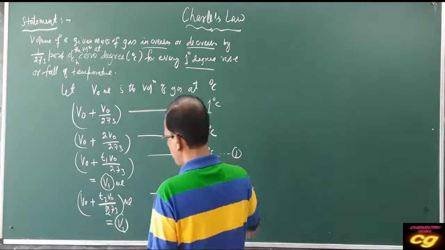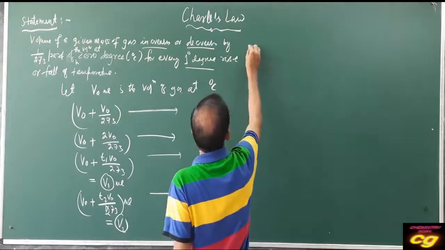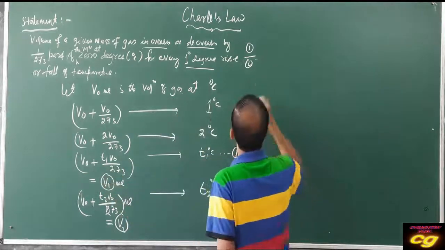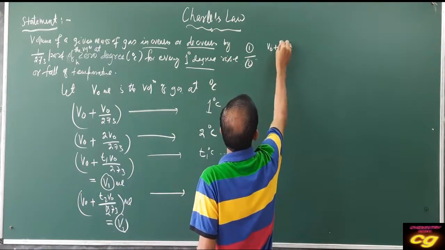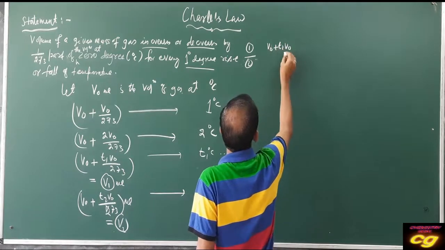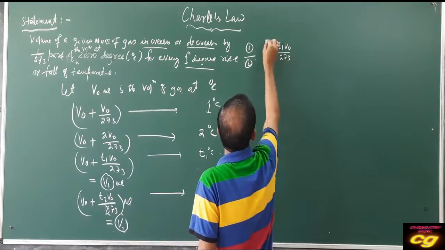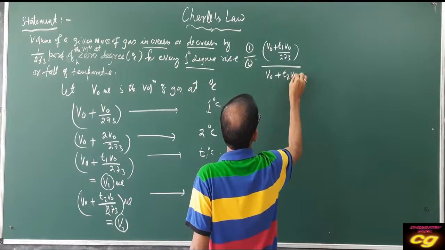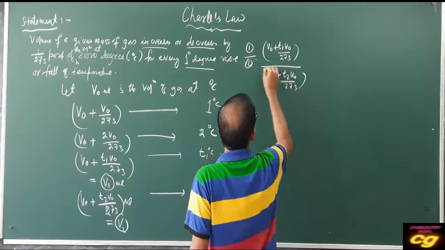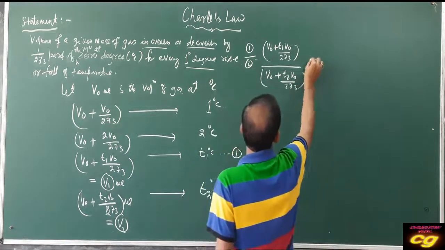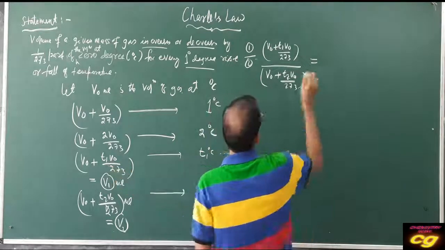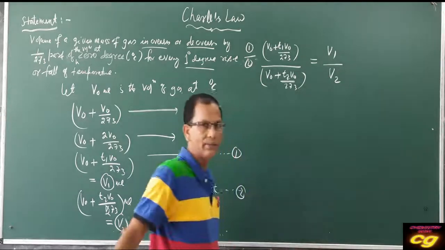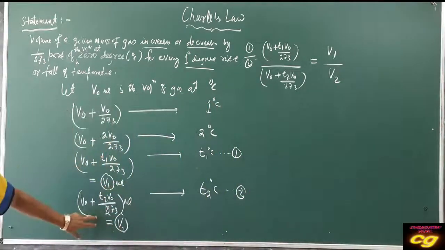So if we divide equation 1 by equation 2, we get V0 plus T1 V0 by 273 upon V0 plus T2 V0 by 273, which equals V1 by V2, since we took the first value as V1 ml and the second as V2 ml.